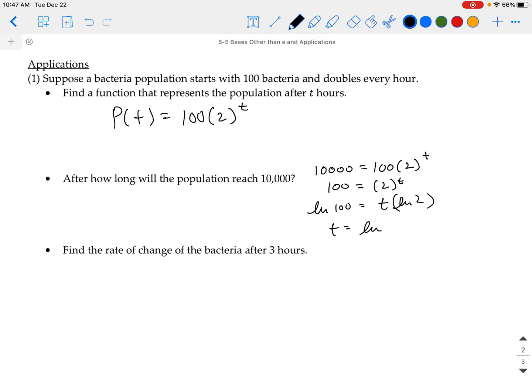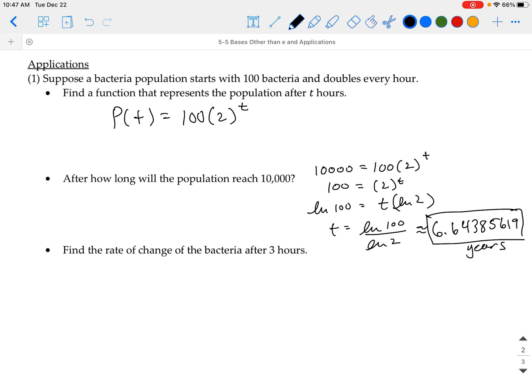And then it looks like t is going to equal the natural log of 100 divided by the natural log of 2, which is going to be 6.643855619 hours. Okay, so sometime beyond the middle of the 7th hour.